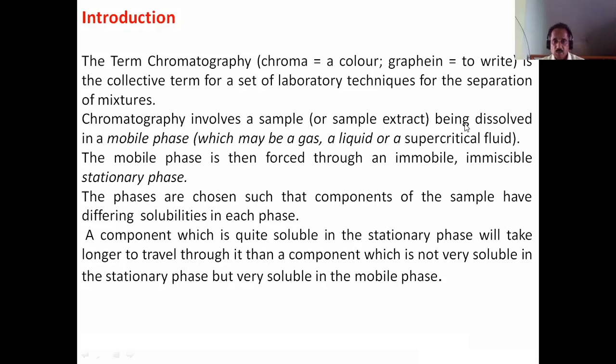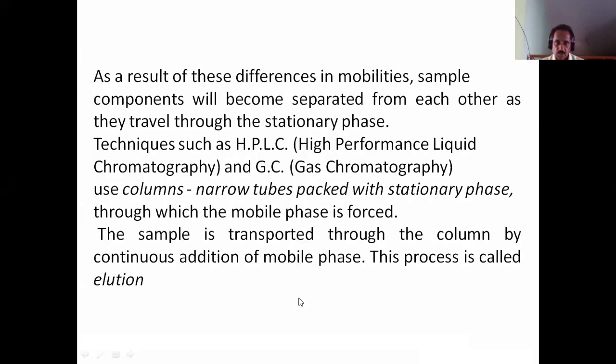The compound which is quite soluble in the stationary phase will take a longer time to travel through, and the one which is not very soluble in the stationary phase but very soluble in the mobile phase moves faster. So on the basis of solubility we can separate the compounds from one another. Due to the difference in the speed, due to the difference in the mobility, the compounds are separated.